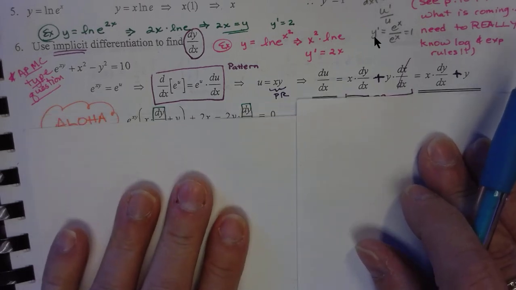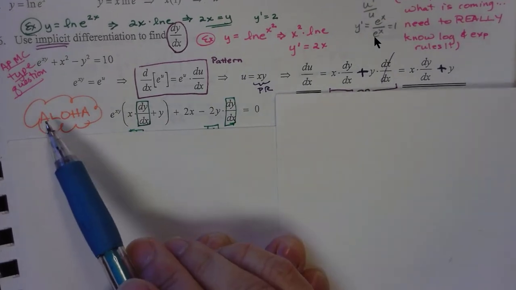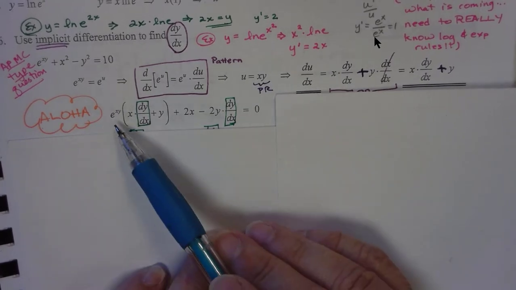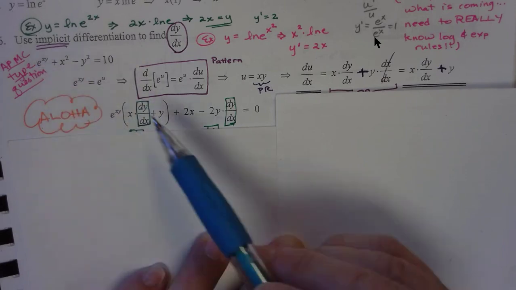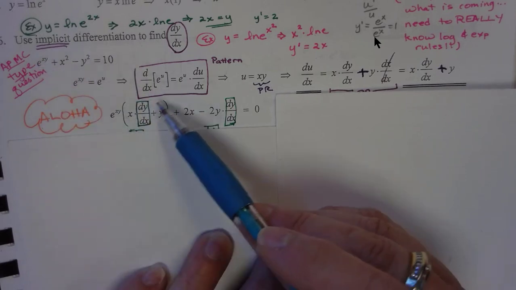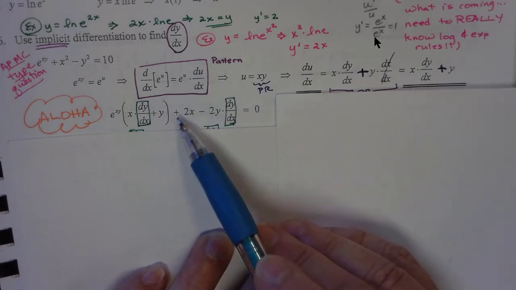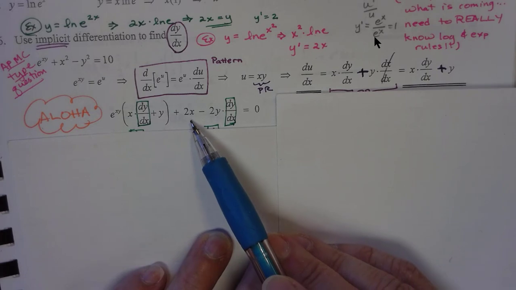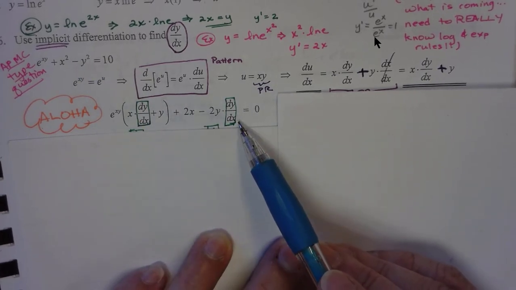Now we're ready to take the derivative. And we have a lot of horrible algebra going on here. So, taking the derivative of this. The derivative of e to the u is e to the u times du dx, which we just found, plus the derivative of x squared, 2x, that's easy, minus the derivative of y squared, which is 2y times dy dx.